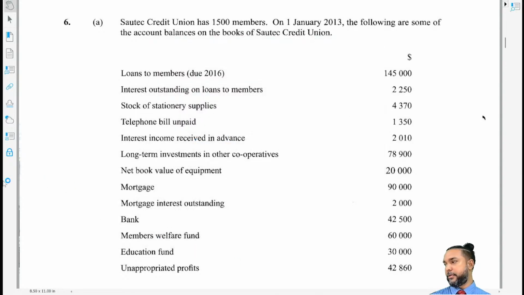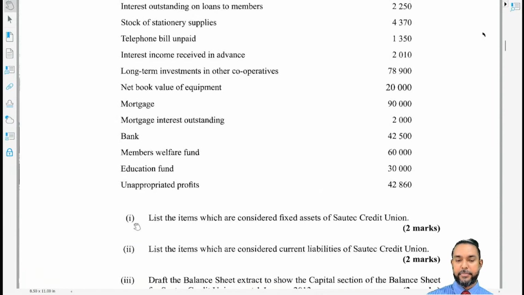Right, so while that's printing, actually I'm gonna send a picture of this in the chat as well. Just so you know, this is 2013 May.